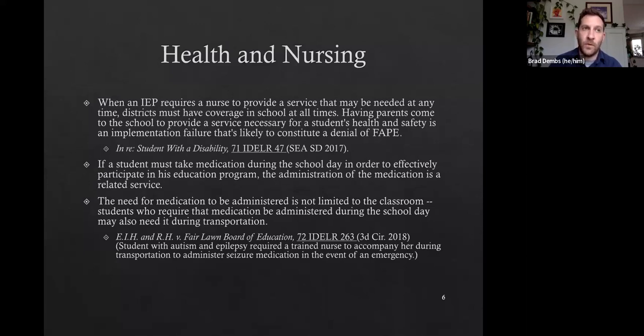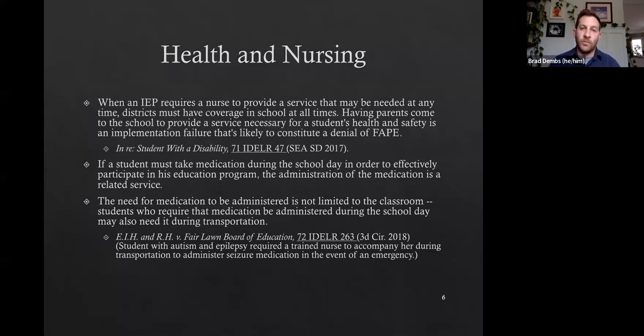There may be practical situations when that's the only option because staff aren't available. But even if a parent is agreeable to fulfilling that role because there isn't anyone else available, that does not let the district off the hook from finding someone to perform that service who's not the parent.